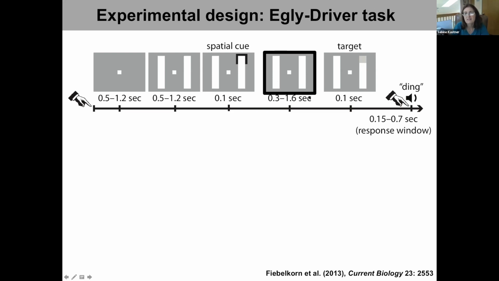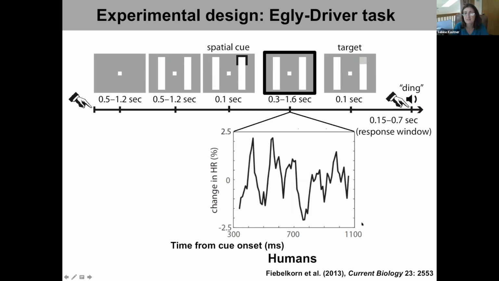Now, when we simply plot the performance of a human participant, or of a group of human participants, as a function of this cue target interval, this is the change in hit rate, we see something really remarkable. Instead of being flat, basically, and showing a continuous performance at some level, what we see are these ups and downs in performance, and they coincide with certain time windows.